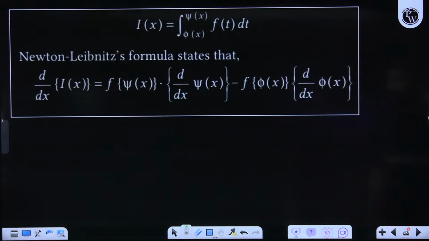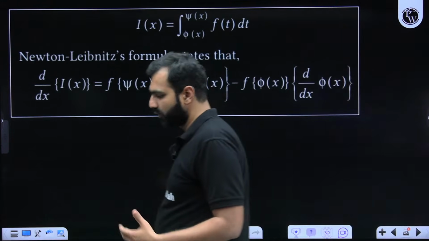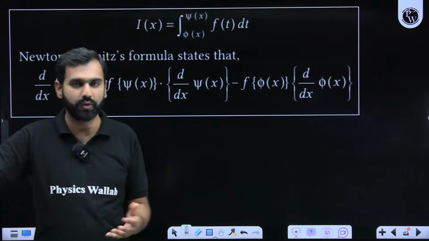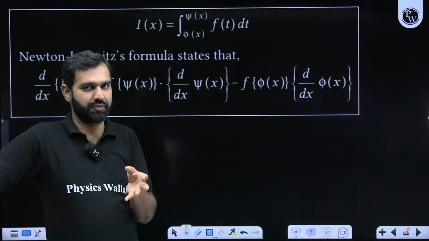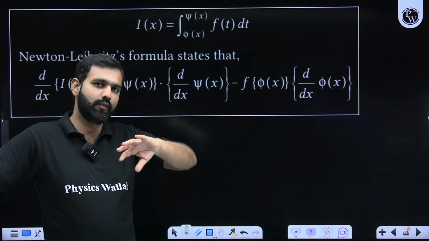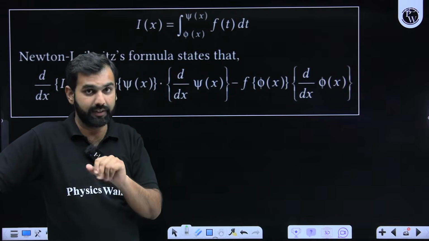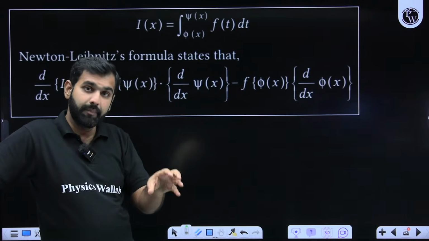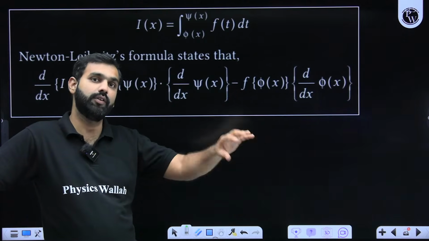So there comes the next conclusion, Newton-Leibniz formula, one of the most amazing discoveries, or what I say invention, made by Newton and Leibniz both. Newton and Leibniz were two mathematicians. Newton was, I think, an English mathematician. Leibniz was a German mathematician, I think so. They coexisted basically, and they developed calculus independently.